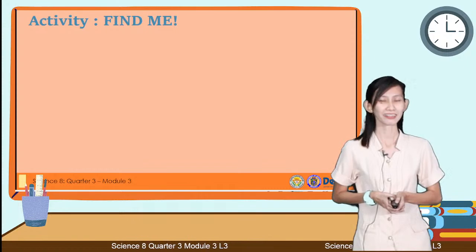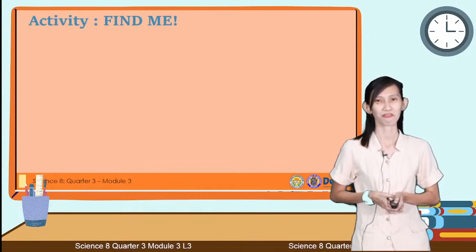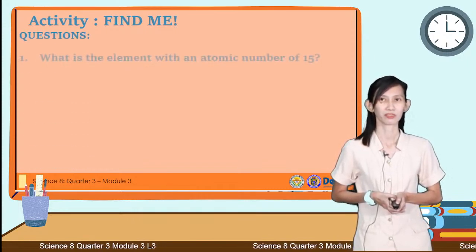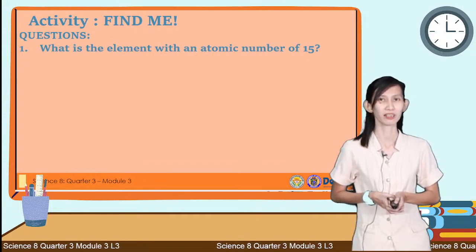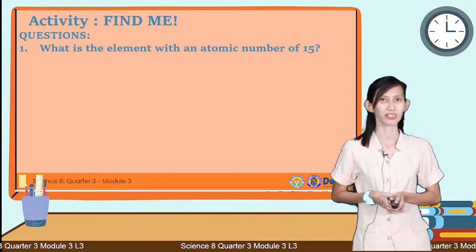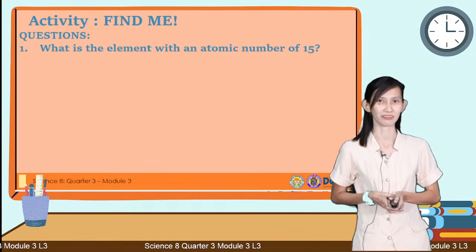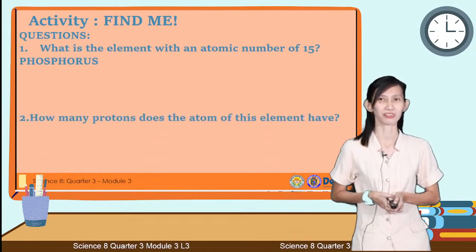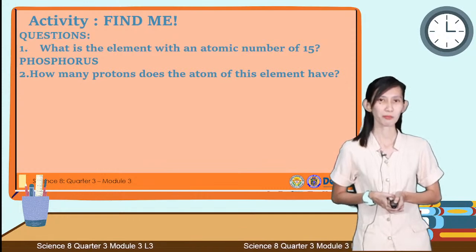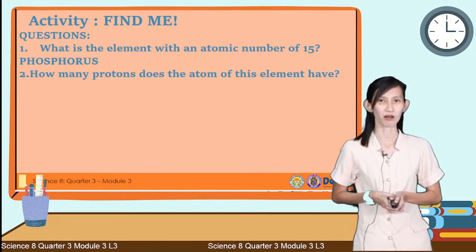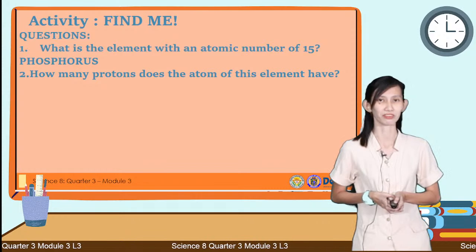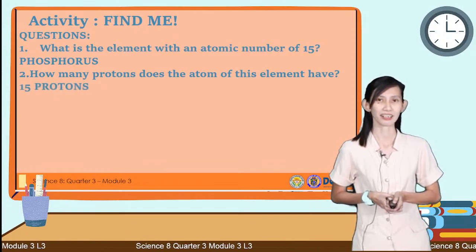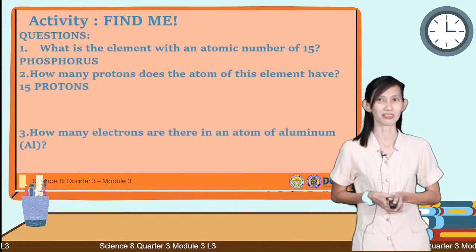Now, let's answer our activity, Find Me. For question number 1, what is the element with an atomic number of 15? The answer is phosphorus. Next, how many protons does the atom of this element have? The answer is 15 protons.